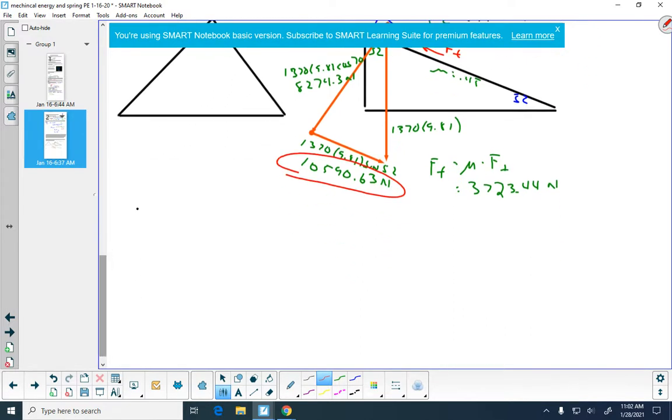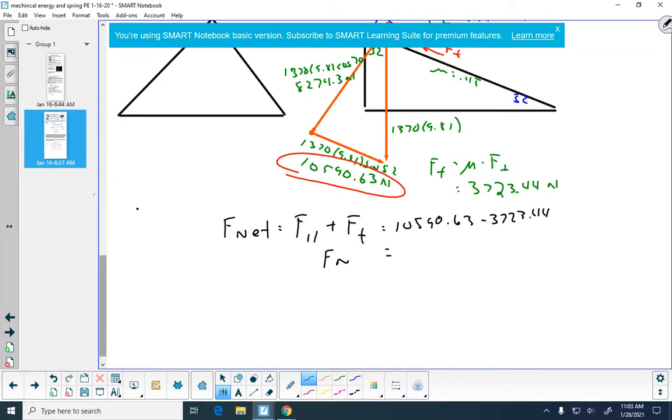So our net force is equal to our force of gravity, or force parallel, plus our force of friction, which is going to be negative. So we have 10,590.63 minus 3723.44. Those are all in newtons.